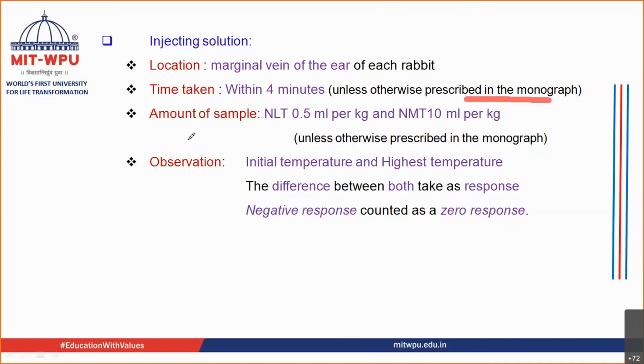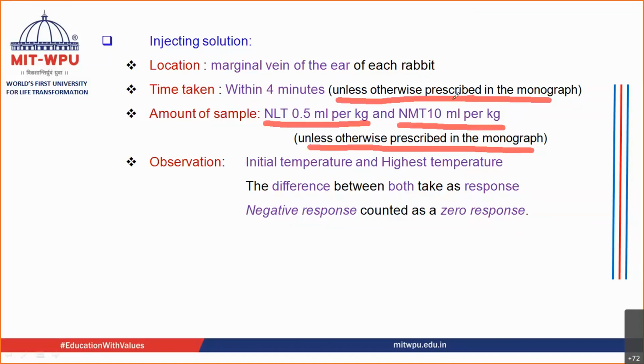The amount of sample that you are going to inject is not less than 0.5 ml per kg body weight, and not more than 10 ml per kg body weight unless otherwise prescribed in the monograph. Please remember, unless otherwise prescribed in the monograph is very important.